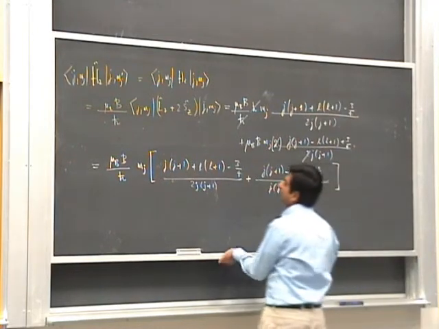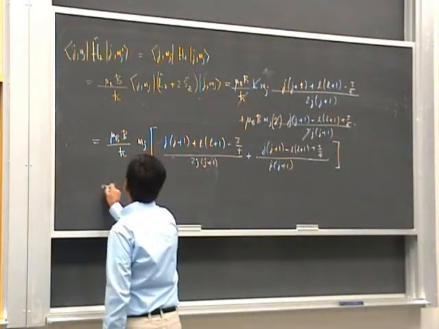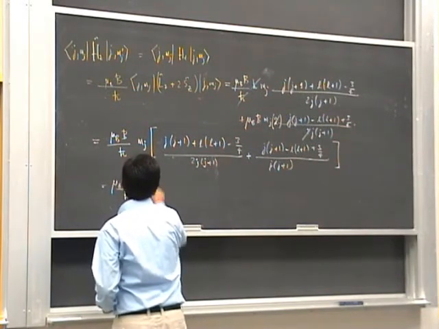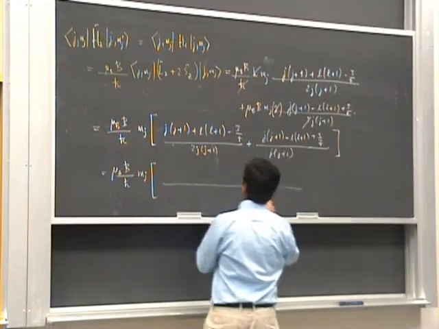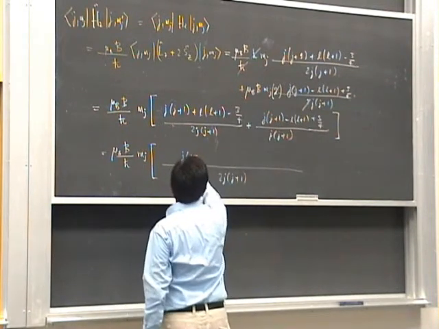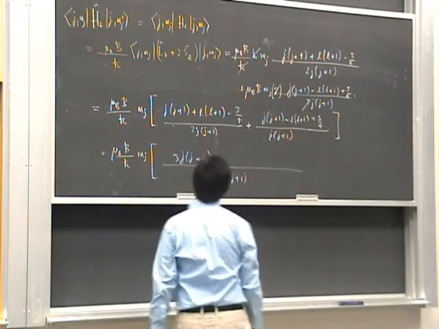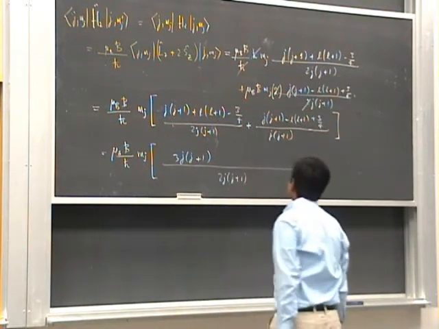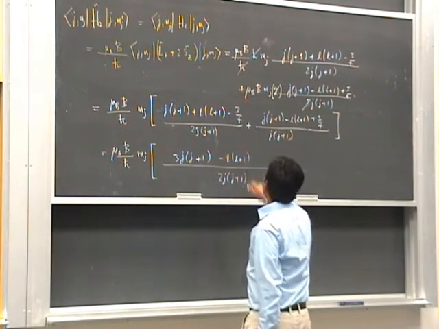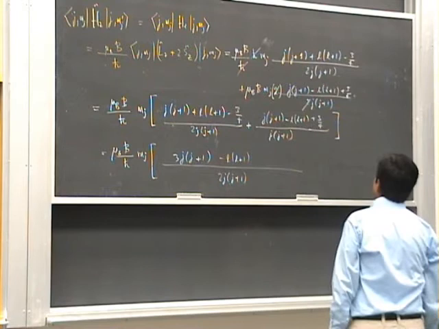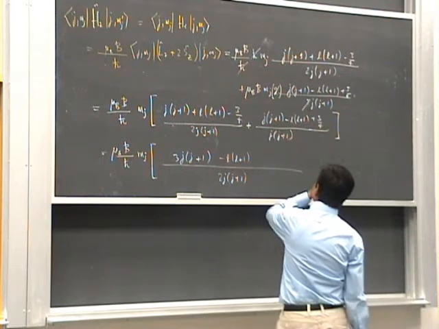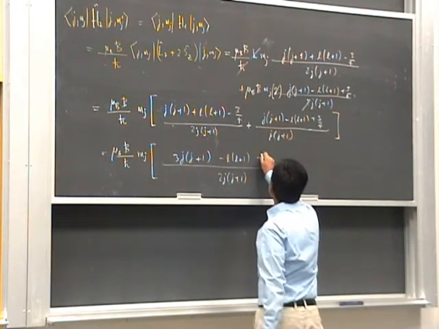Now I can do a bit of algebra. U b over h bar mj, 2j plus 1, I do it, j plus 1, 3 times j plus 1, minus l plus 1, minus 3 by 4, plus 6, minus 3 by 4 plus 6 by 4 plus 3 by 4.